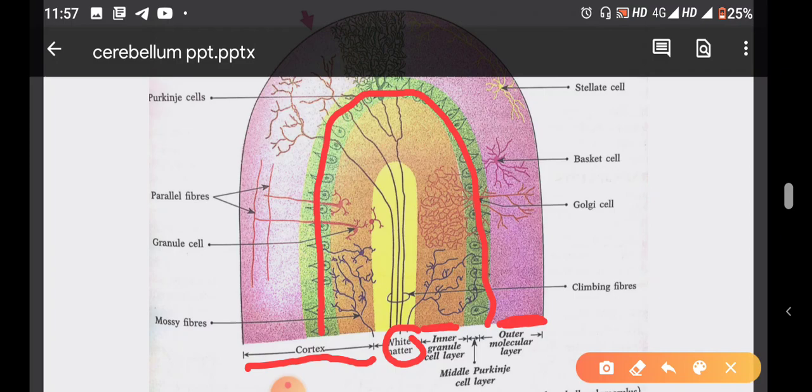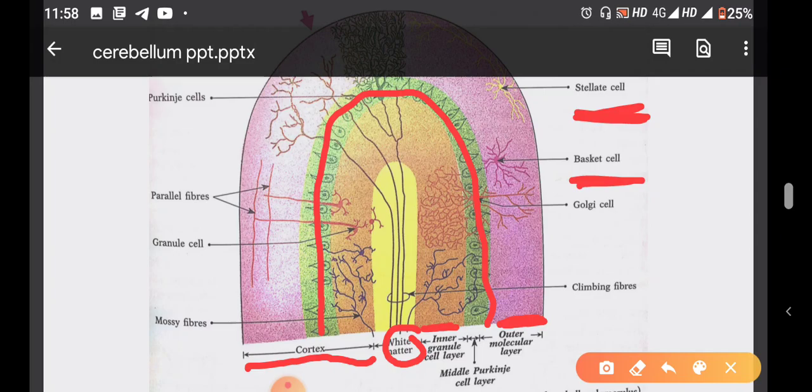So, the molecular layer is composed of two types of neurons. You can see in the molecular layer the dendrites synapse with the parallel fibers of granule cells, and their axons synapse with the dendrites of Purkinje cells. We have the stellate cell and the basket cell; these two cells are present in the outer molecular layer.